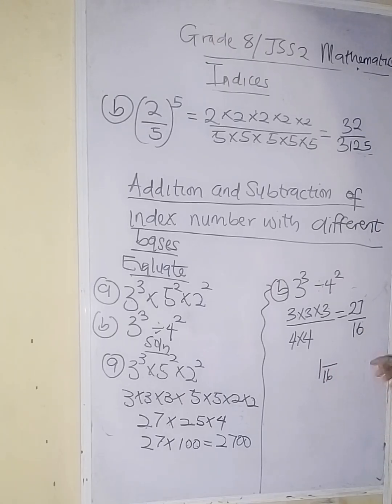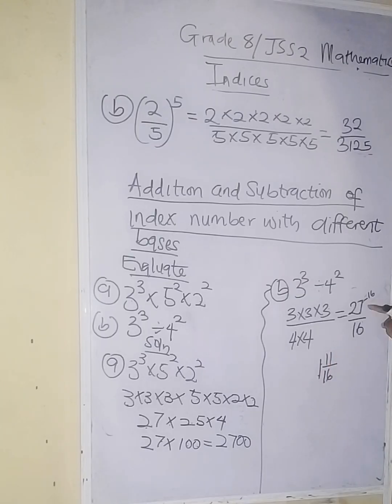Alright, so now when you count 27, it will give you a remainder, a particular number. So how are we going to know? Let me show you how to do that. 16 times 1 is 16. Subtract that 16 from 27. So that is 27 minus 16. What will you get? You get 11. Okay, that is how to know it.